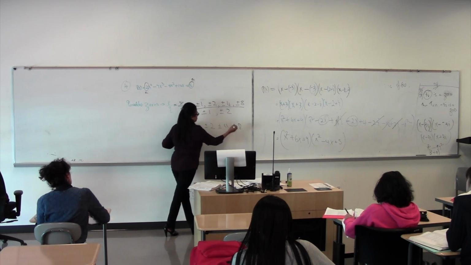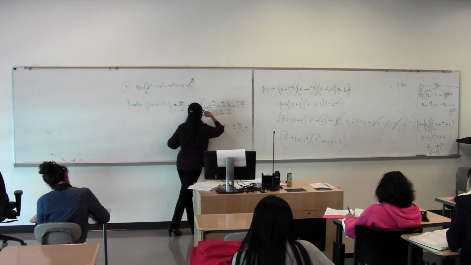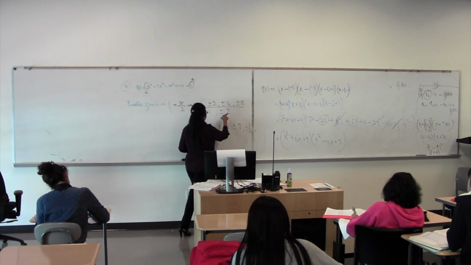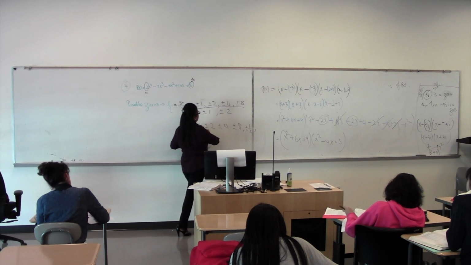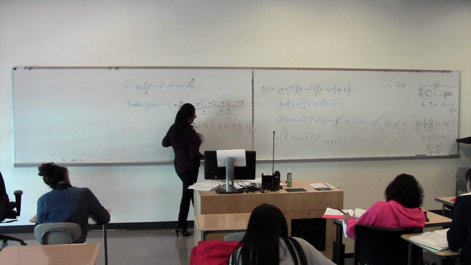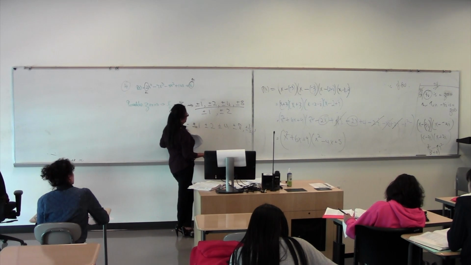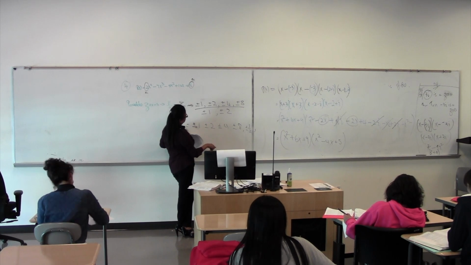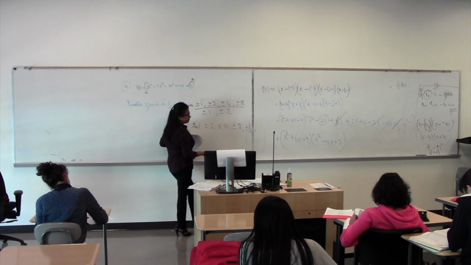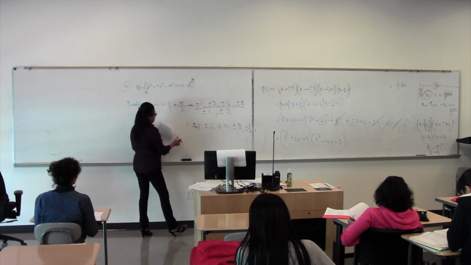So we get plus or minus 1 over 2, which is 1/2. 2 divided by 2 is 1, we already have that. 4 divided by 2 is 2, we already have that. 8 divided by 2 is 4, we already have that. So we get plus or minus 1/2. Okay, so this is all the possible zeros.